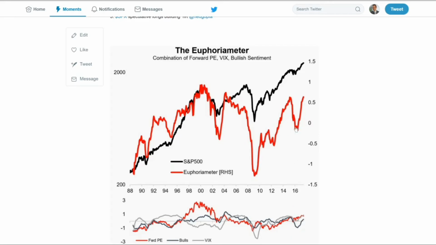As a matter of fact, it gave a pretty decent contrarian buy signal at the market bottom then, so it served its purpose on the bottom side. Now time will tell whether it'll serve its purpose on the top side.